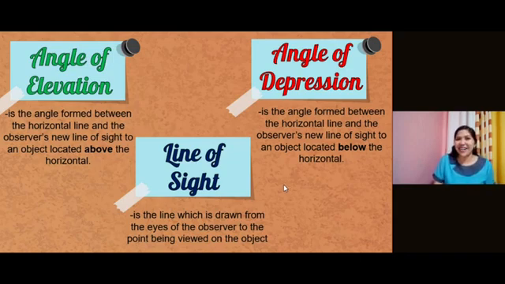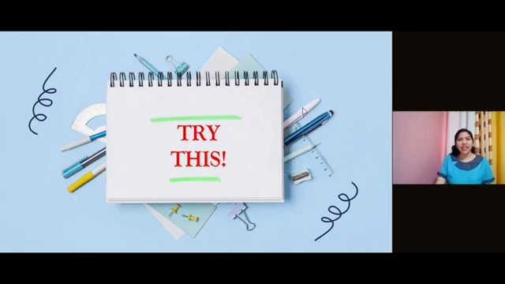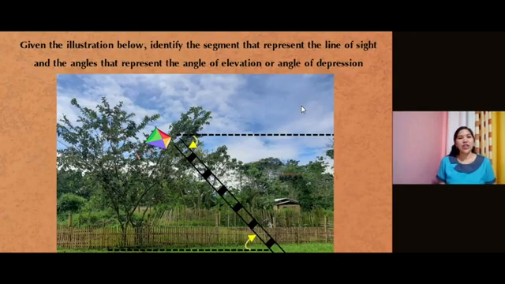Is that clear? I hope so. Let's try this activity. Given the illustration below, identify the segment that represents the line of sight and the angles of elevation or depression. Try to consider this picture. I know you're familiar with this because this is taken in your Gulayan ng Paaralan.